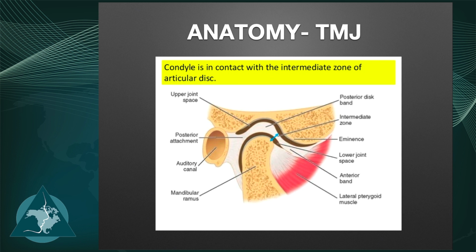When we open our mouth, for the first 20-25 millimeters, the joint is going to rotate in place. It's not going to go anywhere. It's just going to rotate. After that, it translates down what we're going to call the eminence. It's going to translate. So you have rotation followed by translation. That's why it's called a ginglymoarthrodial joint. You have rotation and translation.